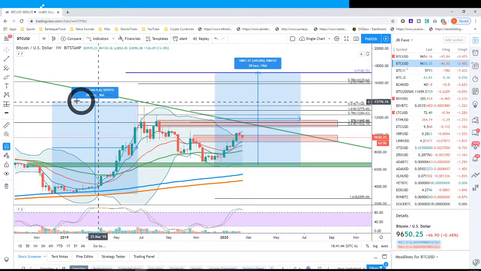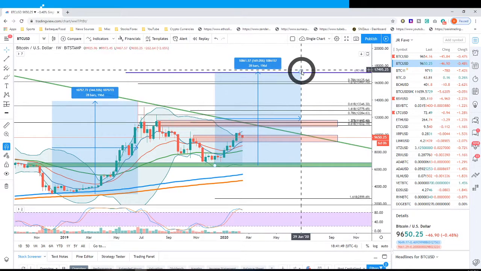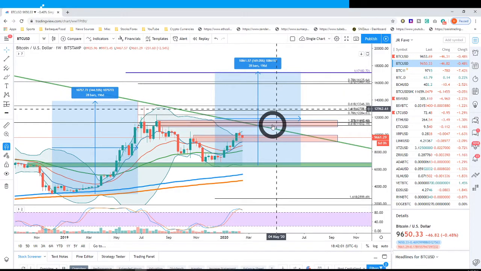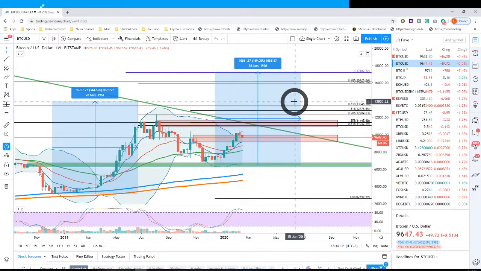If this move and the time it took to do it holds, then toward the end of June we should be hitting around 17,000. After that, I'll have to rethink things. Who knows what Momo might do, but I see it going higher.